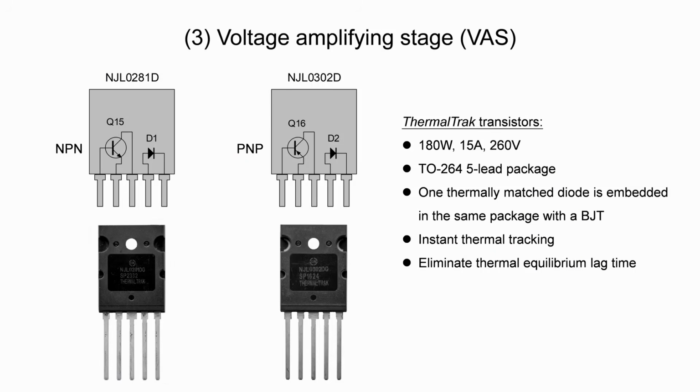It is noted that diodes D1 and D2 come from the ThermalTrak transistors Q15 and Q16, respectively. One transistor and one diode are embedded into a single 264-5 lead package. Therefore, the changes of the transistor's base to emitter voltages are tracked instantaneously at all times.